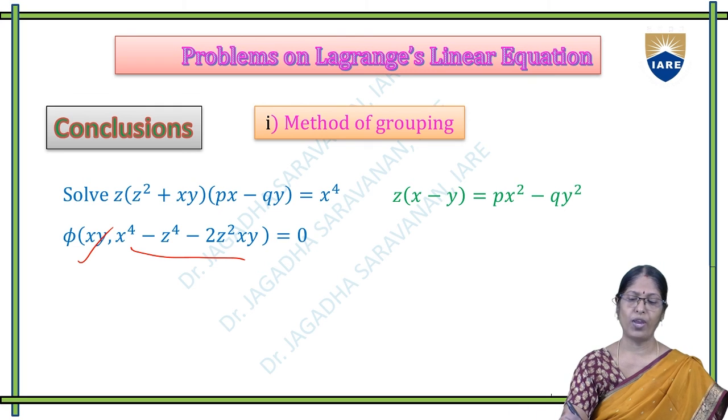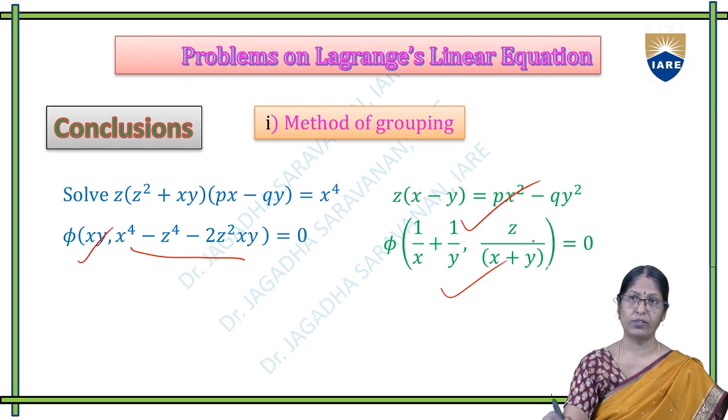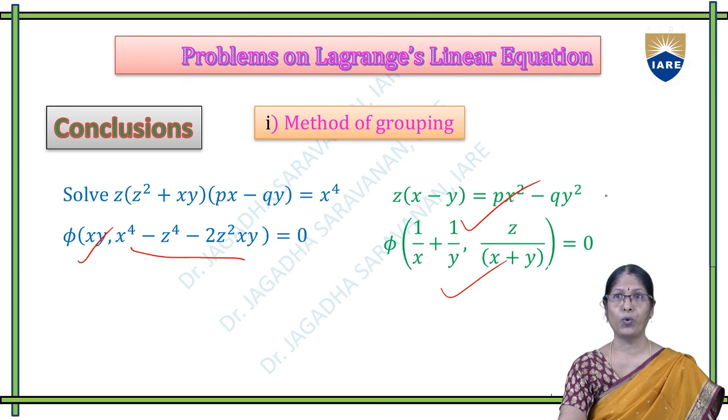The next problem: z of x minus y, which is equal to px square minus qy square. Then we obtained the result. Here, method of grouping, that is among the three members, any two members we can select. We selected two and obtained two solutions.